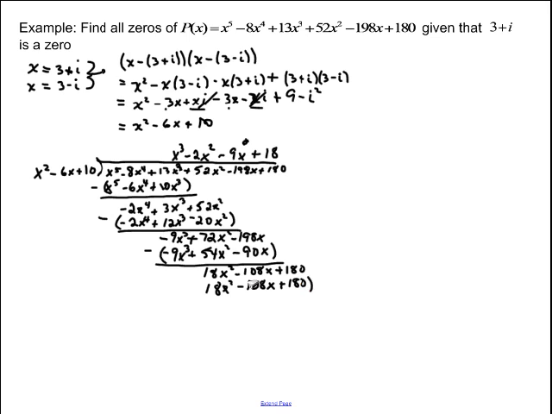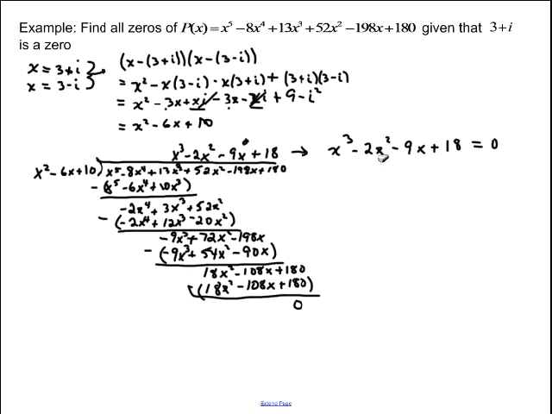And of course, when we subtract that away, we're left with 0 as our remainder. And so our polynomial now has the factor of x cubed minus 2x squared minus 9x plus 18. And we're interested in finding out where that's equal to 0.